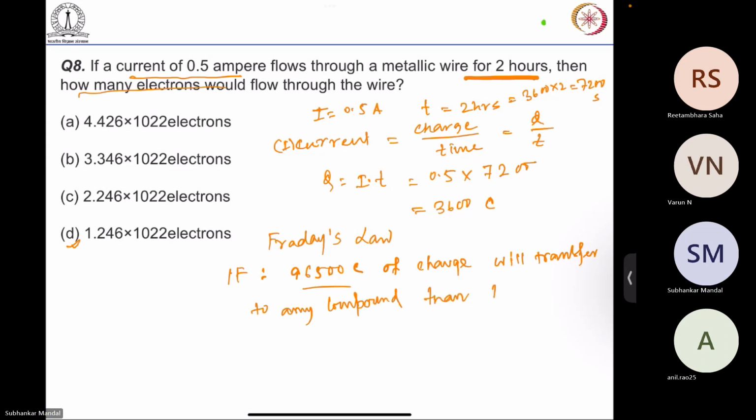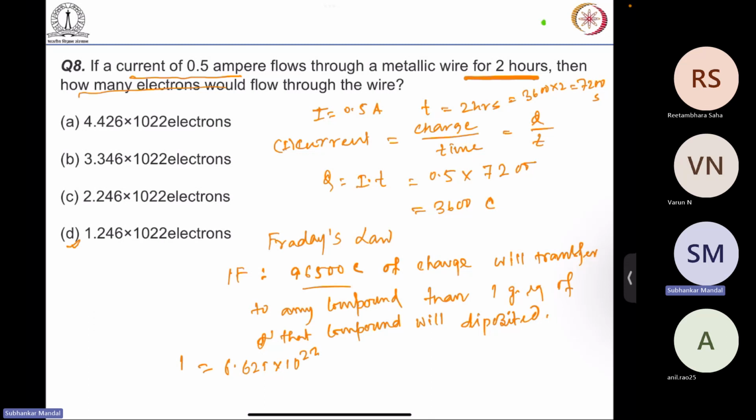then 1 gram equivalent of that compound will be deposited. So 1 gram equivalent means 6.023 into 10 to the 23 number of atoms, that is the Avogadro number, Na.